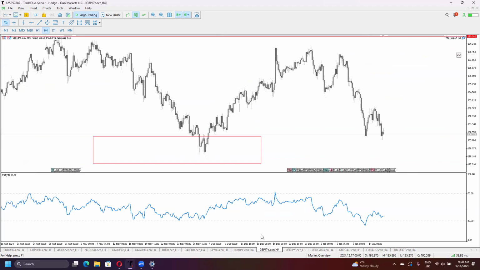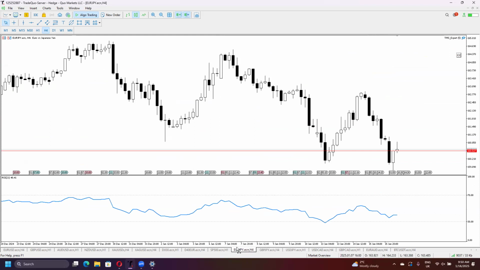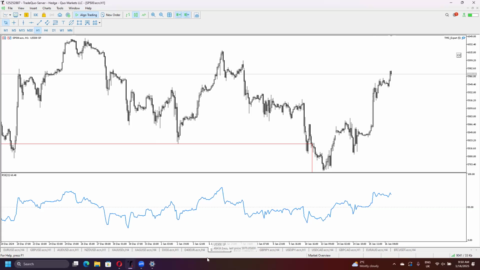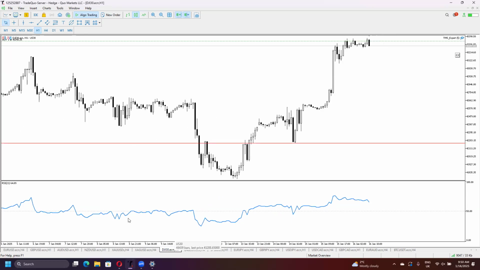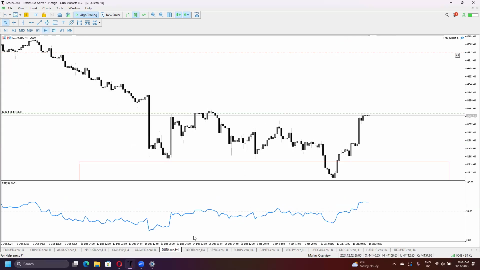GBP JPY, if you would like to try with the stop loss, then it's ready to buy. With the sell stop, I will leave it. I will be focused on Euro JPY more. S&P 500, standby mode, pyramid only. DAX completely standby mode, Dow Jones standby mode and pyramids only.